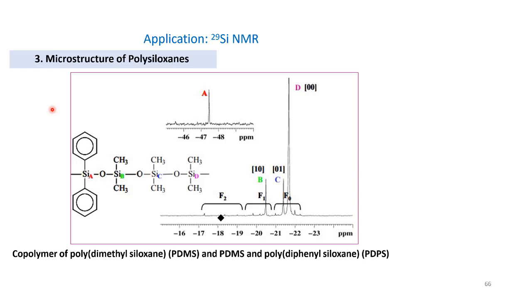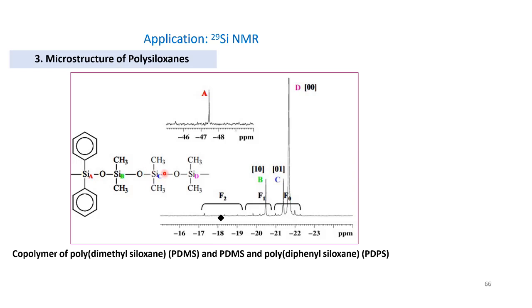Also for the microstructure of polysiloxanes, if we want to determine it, if silicon is attached to a benzene ring, the peak will be at around minus 47 ppm. For silicon attached with methyl groups, the peak will be around minus 20.